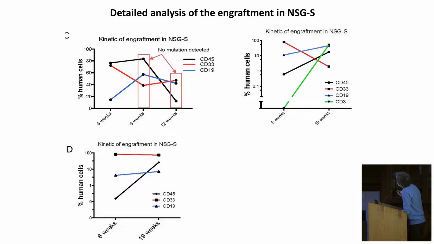The same kind of analysis could be said for these, with on top of that a decrease in the T cell component. And in these two mice, which we sacrificed, we essentially didn't detect any of the mutations present in the patient at day 0, and only in one mouse did we see a myeloid engraftment with the presence of the mutations, despite the presence still of CD19 positive normal cells.